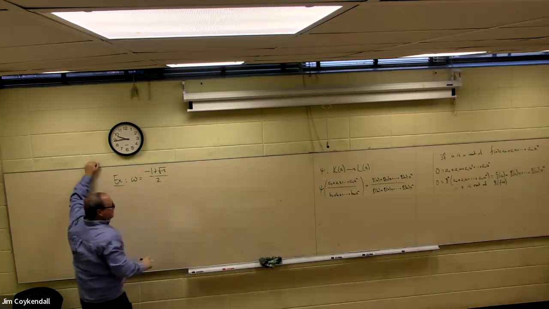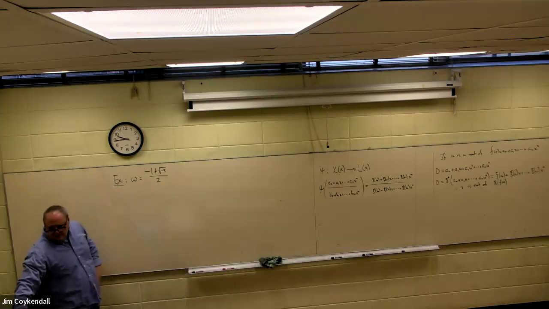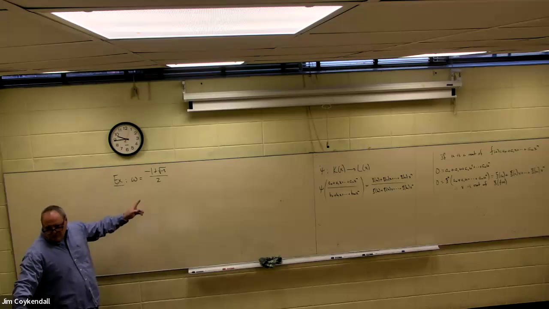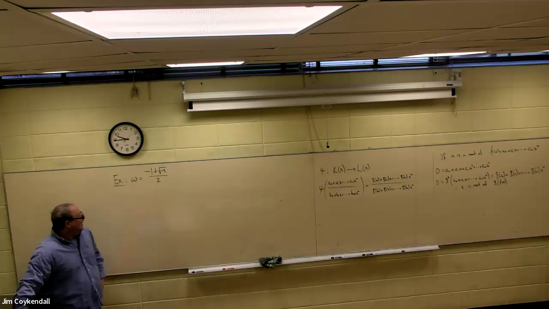By the way, anybody know the significance of this number? Don't worry, it's not too complex. It is actually the primitive cube root of 1. So if you cube this number, you will get 1. Just for fun, do it, right?